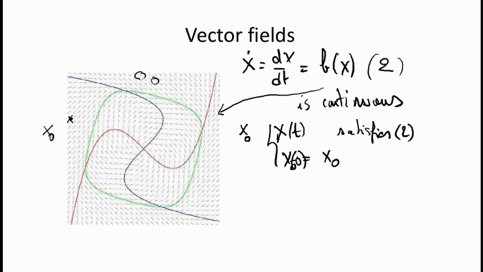What does that mean? It means that the tangent at each position equals b of x, which means that if we start here, the trajectory should be such that at each point the vector field corresponds to its tangent. As we see here, this is a tangent at any point x of t.